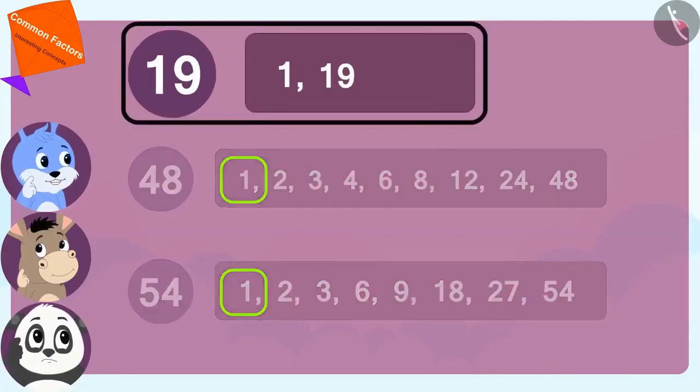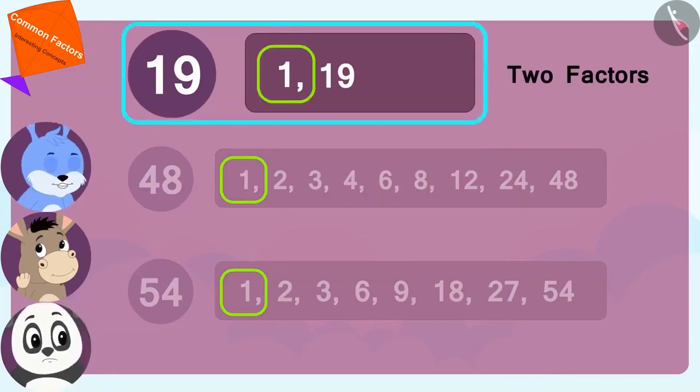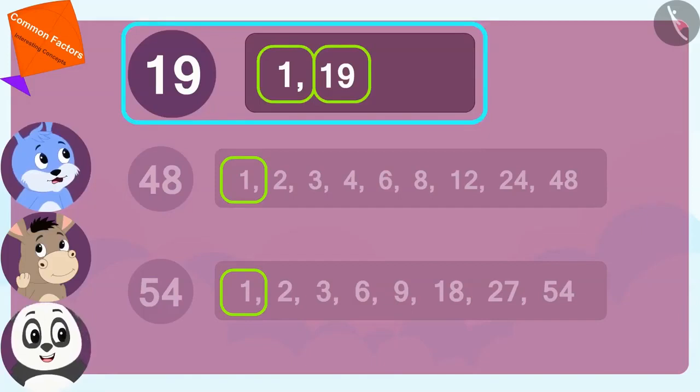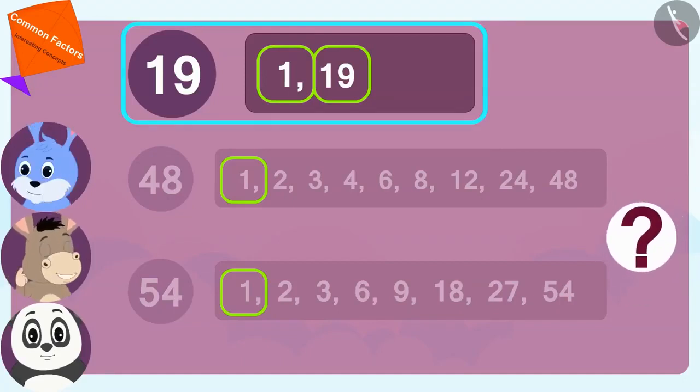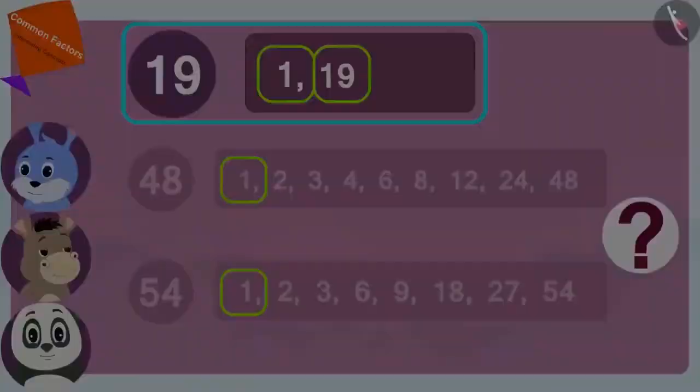And 19 has only two factors, 1 and 19 itself. So those numbers and shared factors are not possible. But why does 19 have only two factors? Bhola asked Bunny.